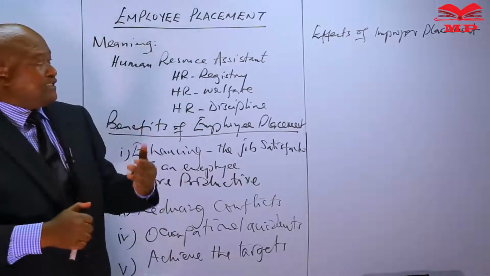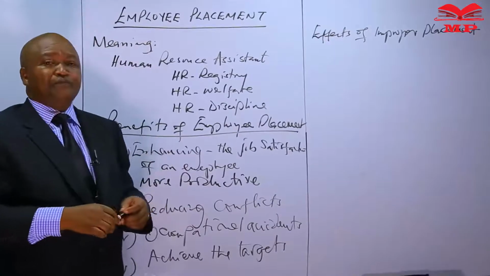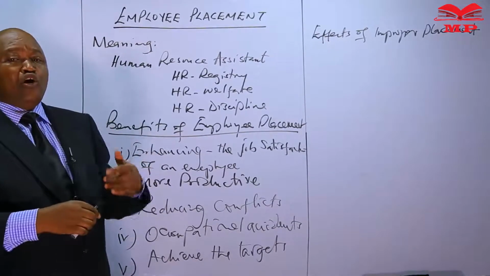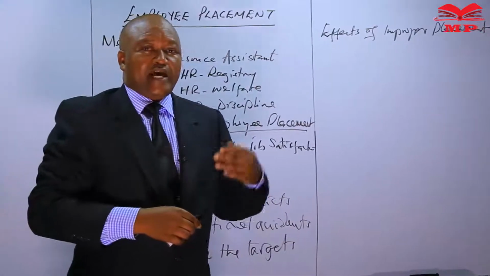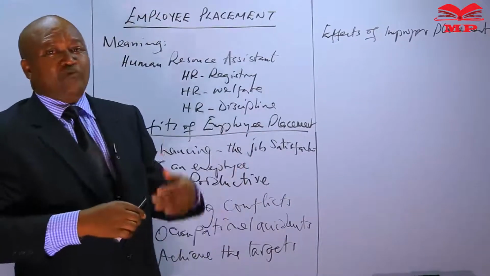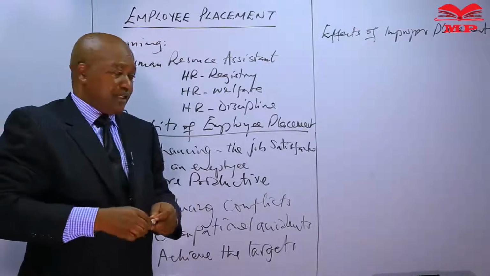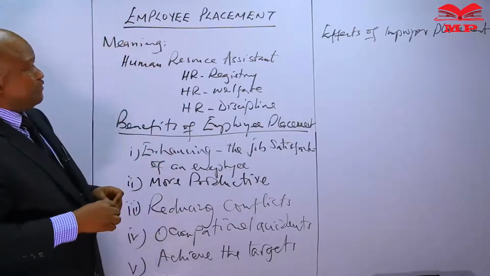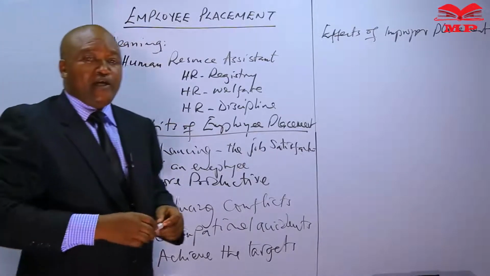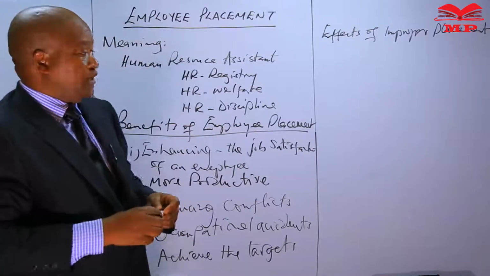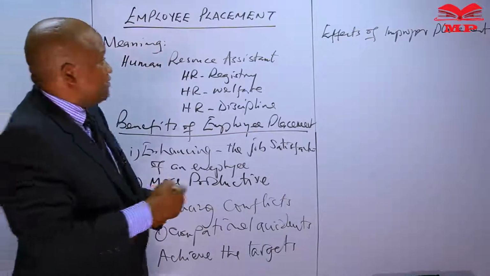Improper placement is a scenario where an employee has been put in a job or has been assigned duties, and these duties are not in line with what the employee knows, or the experiences of the employee, as the case might be. So in this case, some of the effects that may be associated with improper placement of employees may include, but are not limited to, the following.